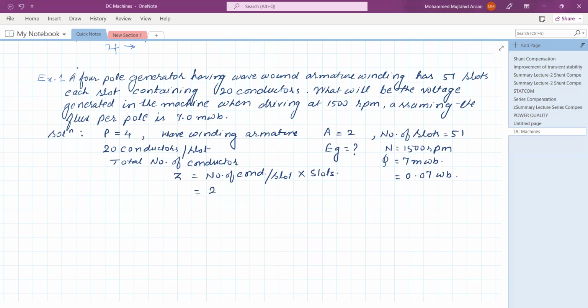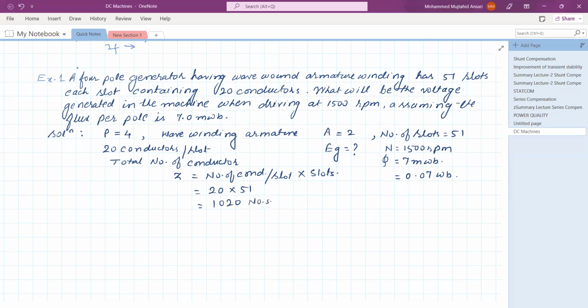So 20 multiplied by 51 equals 1020 conductors.